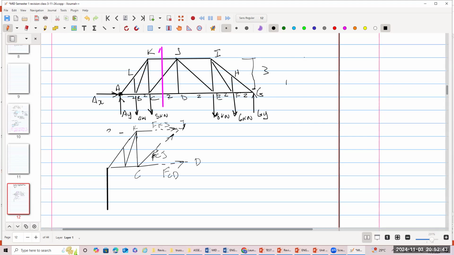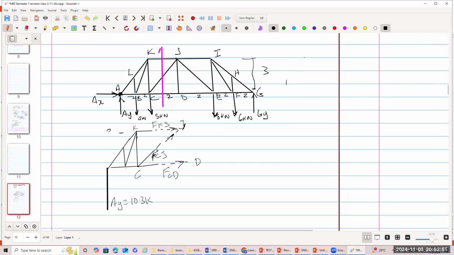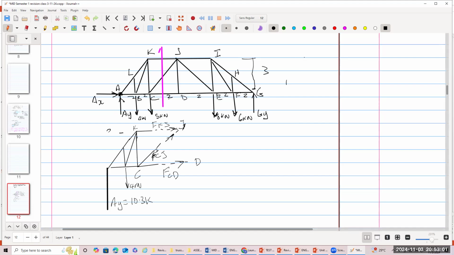All right. This was AY. AY was what again? 10.3. Correct? Yes, sir. And you had another force coming down here, which was what? 4 kilonewtons. You have another one coming down here.